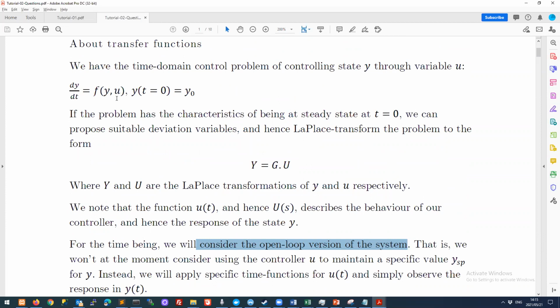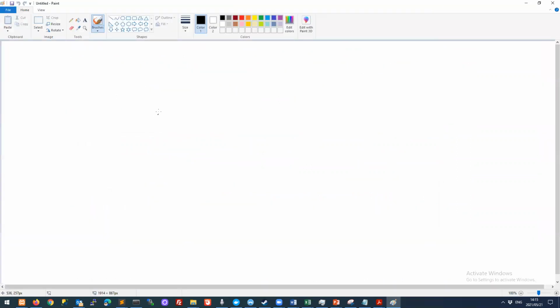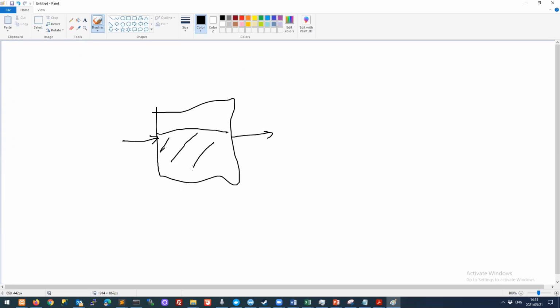So you've got your process, and you want to apply a set point to that process. There's some unit here, and you've got your flow through the system, and you've even got a measurement of what's happening in that system. Currently in your system there's a certain value, so let's call that y.